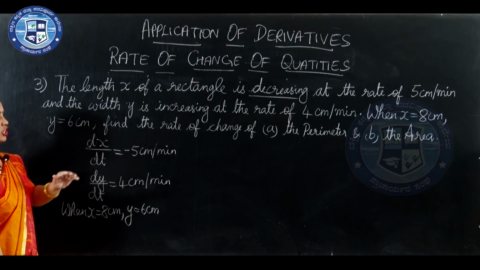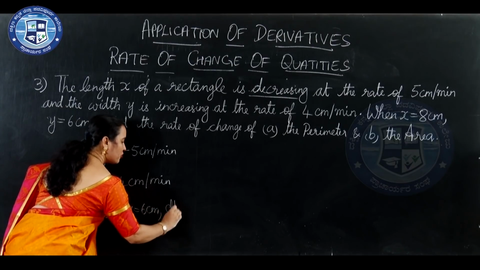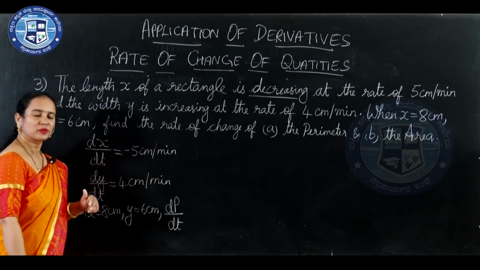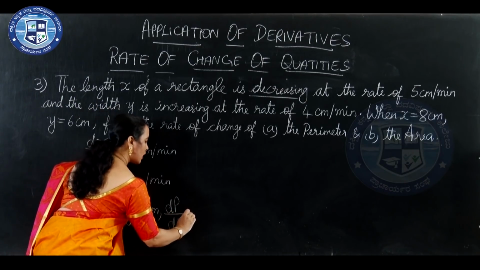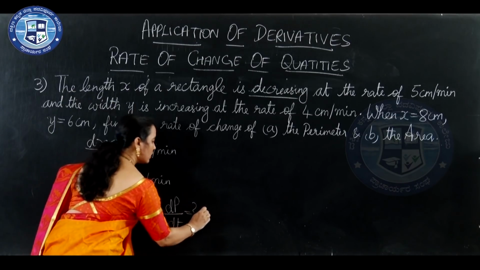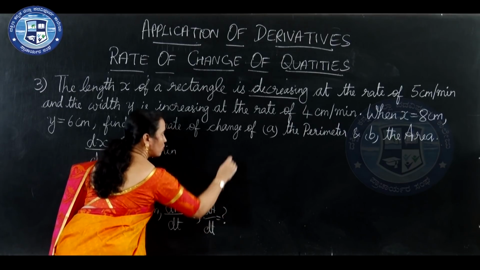Find the rate of change of perimeter and area. So you have to find change in perimeter with respect to time, so dP by dt is equal to question mark, and you have to find change in area. So dA by dt is also what you have to find.